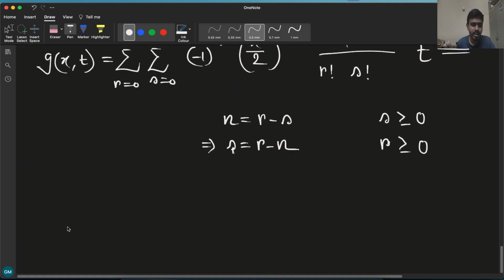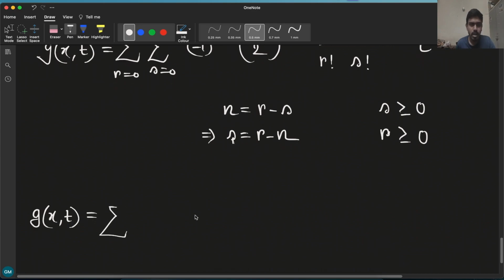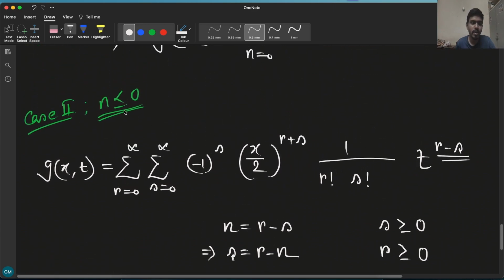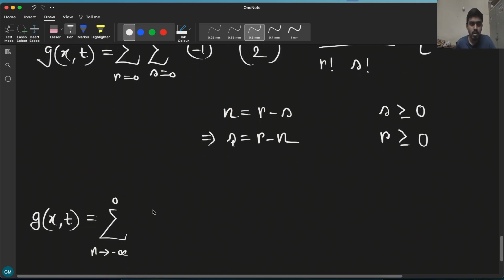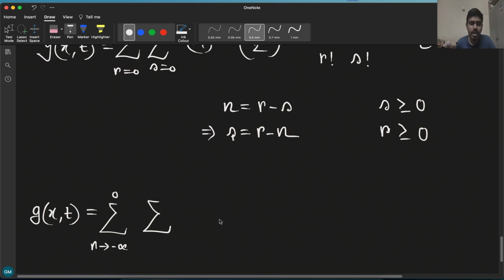Now let's write this generating function, g of x, t equals, and we are assuming that n is less than or equal to 0. So in that case n should be going from minus infinity to 0. And what about r?